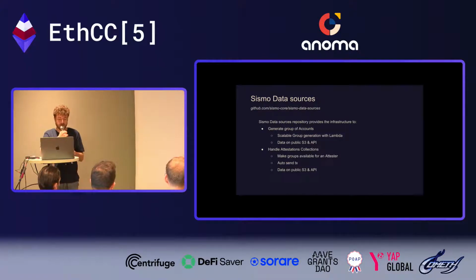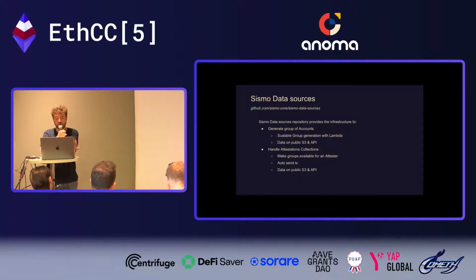For now it's only an S3, but it can be IPFS very easily. And then there is also the attestation collection, the link between the groups that you made available for an attester, that auto-sends the transactions to change the root on chain, and also makes the data public, and there is an API too.